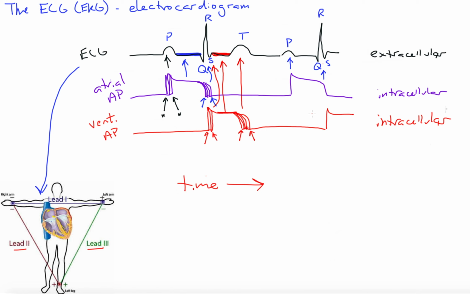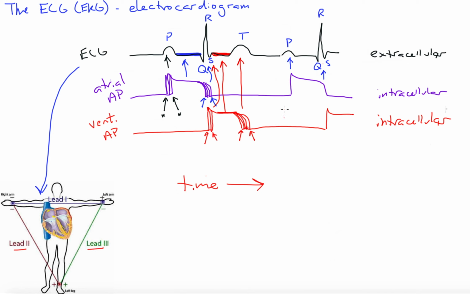So what depolarizes first actually repolarizes last, not first. And that flips this wave. Minor detail, but I did want to point out that it explains this anomalous upward deflection of the T wave. Again, we'll stay away from any scary details on that.